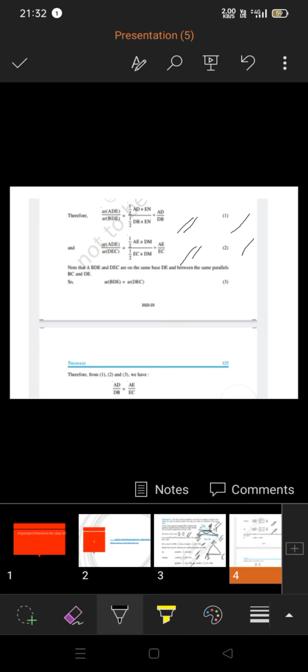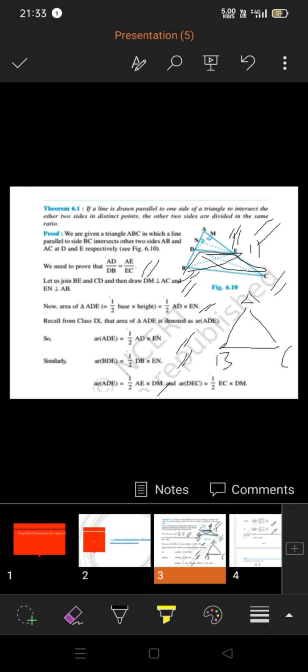The important note is about the areas of triangles. When we consider the diagram, triangles BDE and DEC lie on the same base DE and between the same parallels.